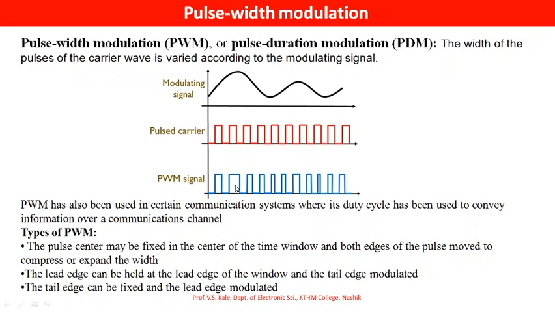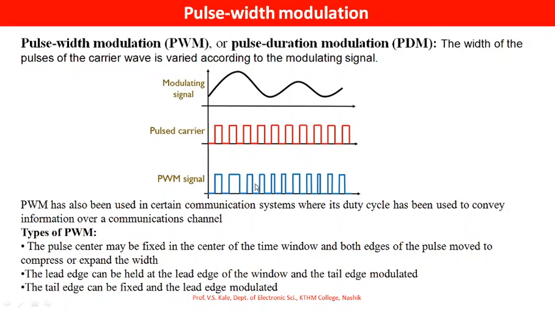Now observe carefully. The modulating signal is having the maximum amplitude, corresponding to that the pulse width is maximum. In the second case, when the amplitude of the modulating signal is minimum, corresponding to that the pulse width is also narrow.